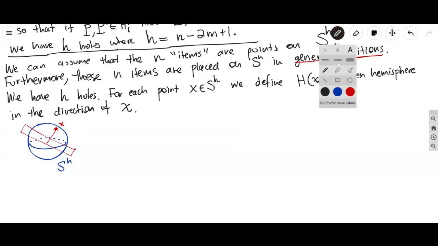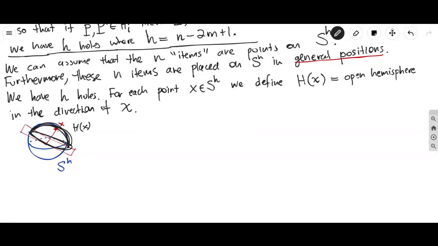So you get this, something like this. You call that H of x. That's the hemisphere. So that's the picture of how it looks. It's the open hemisphere, so it does not include the boundary, the equator.